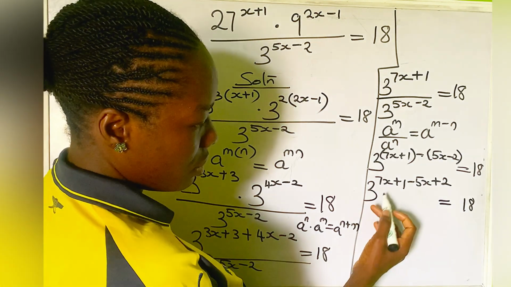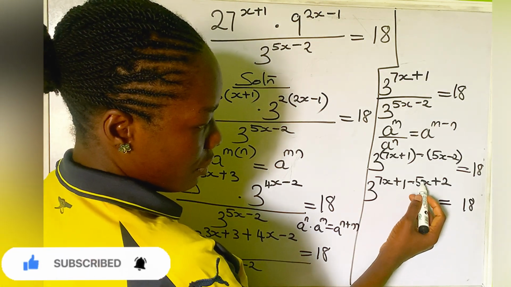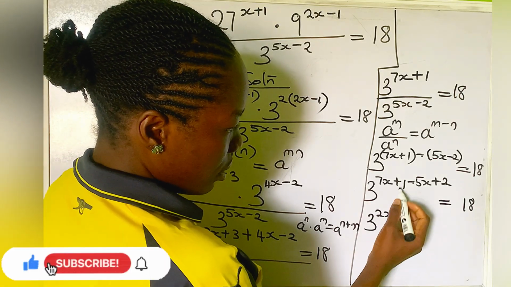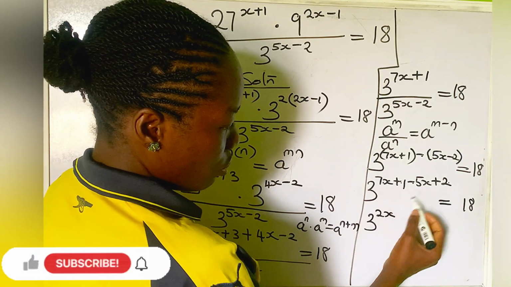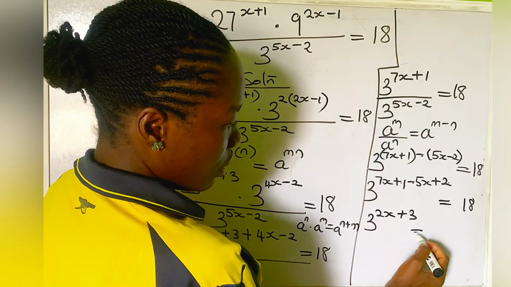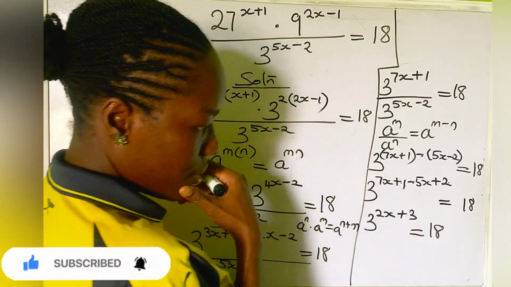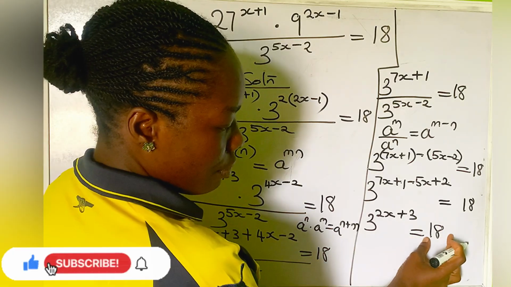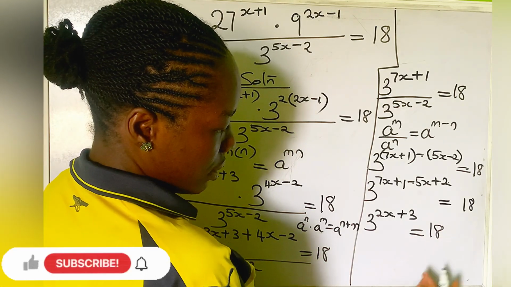And while we proceed, 7x minus 5x is going to give us 3 to the power of 2x. Now plus 1 plus 2, that's plus 3, is equal to 18, right? Good. So let's find the factors of 18.